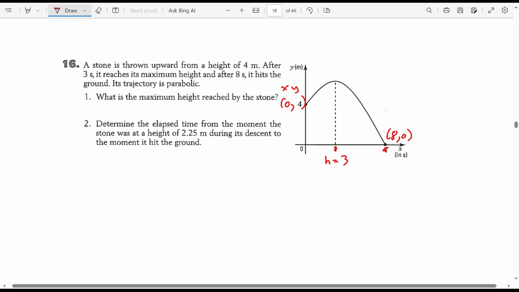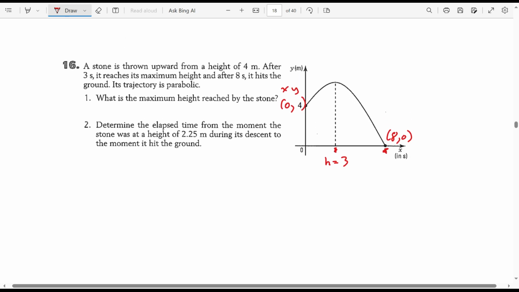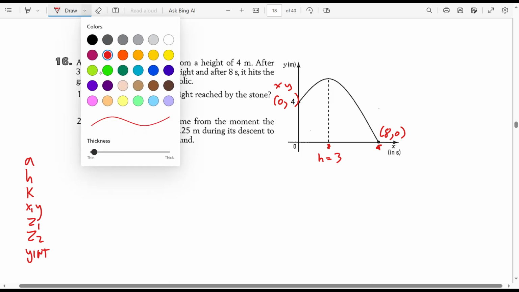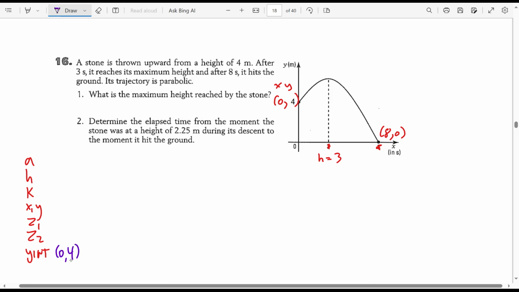If you get to this stage, start to list out the things that you know: A, H, K, X, Y, Z1, Z2, and Y-intercept. So I have a Y-intercept of 0 and 4. I have my second zero of 8 and 0. I have a point of 0 and 4 that I could potentially use. And I have an H of 3.